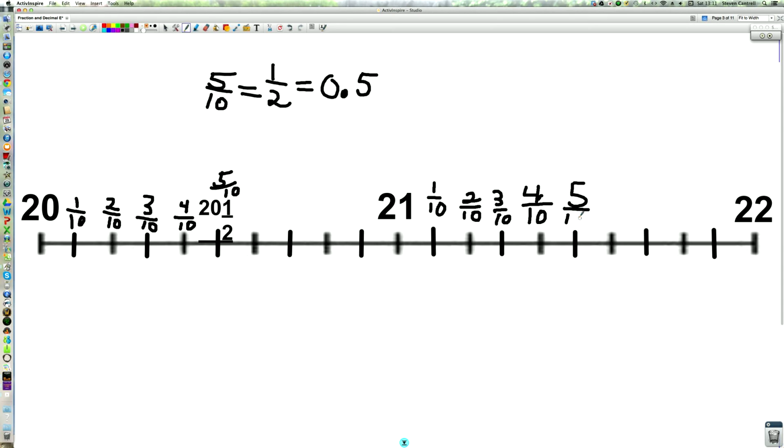Well, I'm getting bigger as I go. 6/10, 7/10, 8/10. Whoa, that was sloppy. And 9/10. Okay.